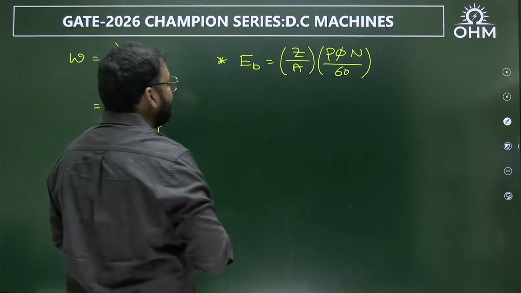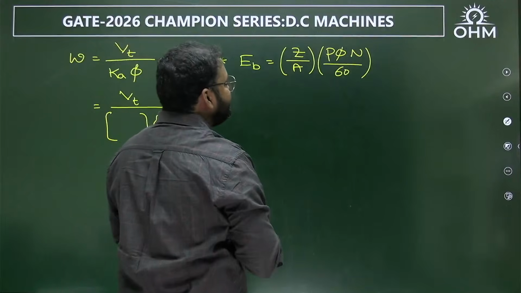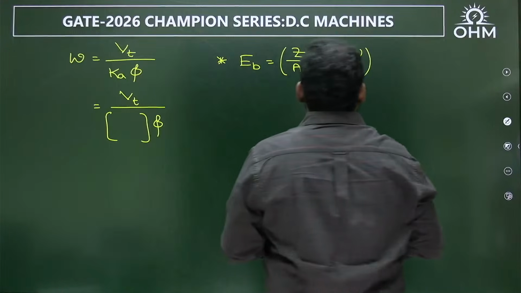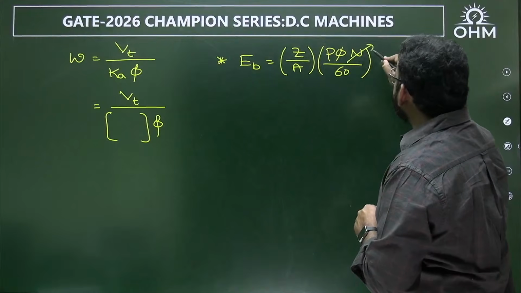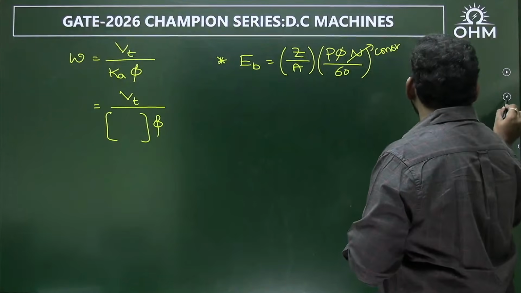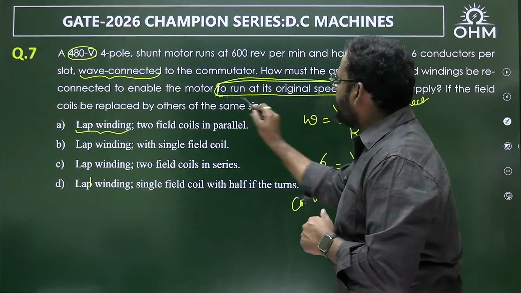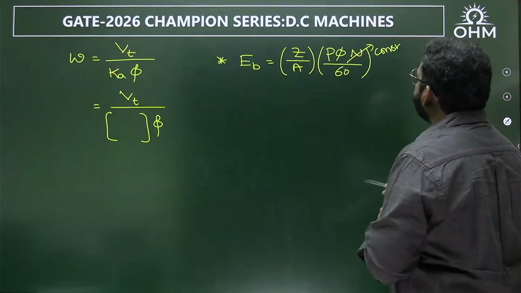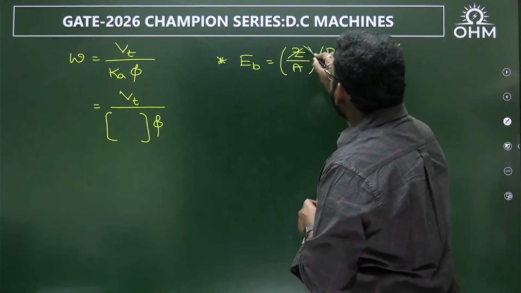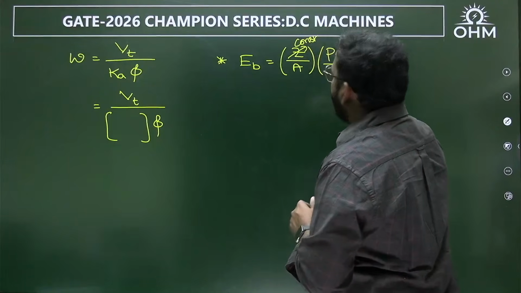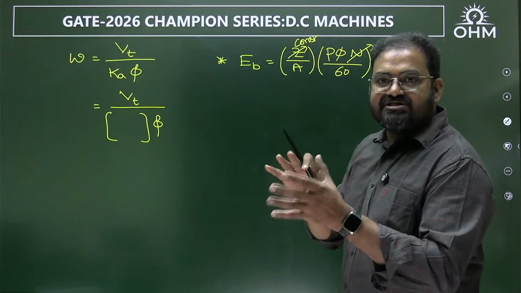So in this, what are the constant values in the question? Speed is a constant value, because it is clearly given that we want it to rotate at the same speed again. Speed is constant and the number of conductors is constant. I am not changing overall conductors, I am only changing parallel paths.